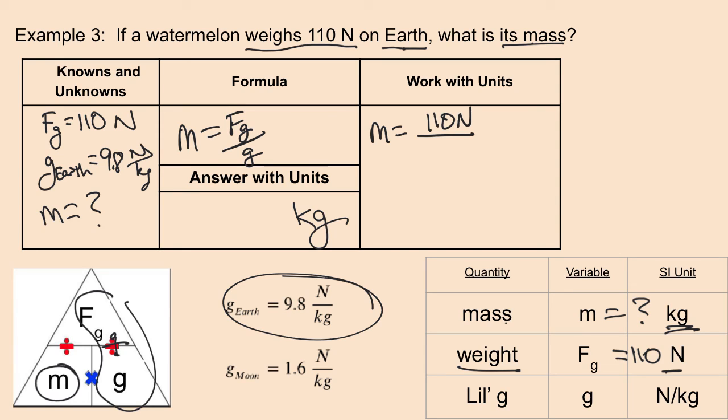And our g, we are on Earth, so it's 9.8 newtons per kilogram. And when you put 110 divided by 9.8 in your calculator, you get 11.2244898. But just round to one or two decimal points and you'll be good. So 11.2 kilograms.